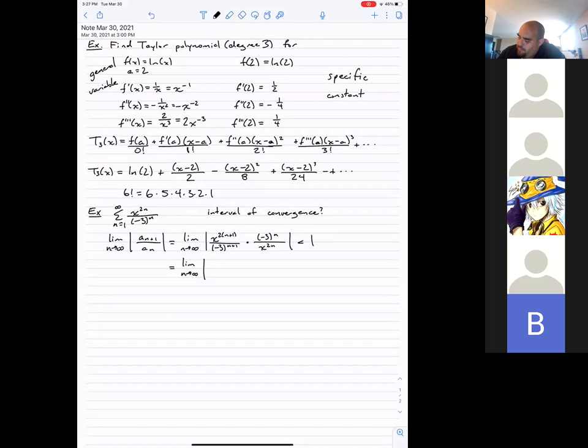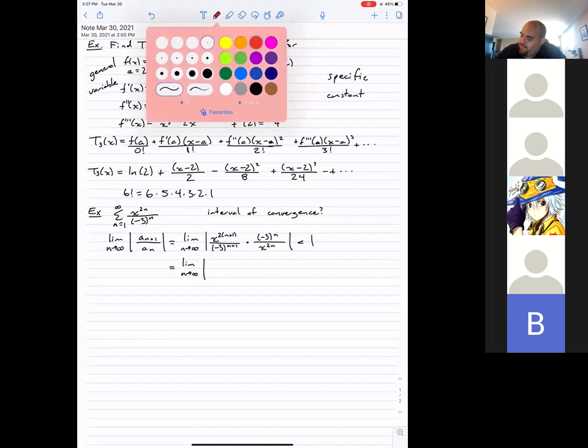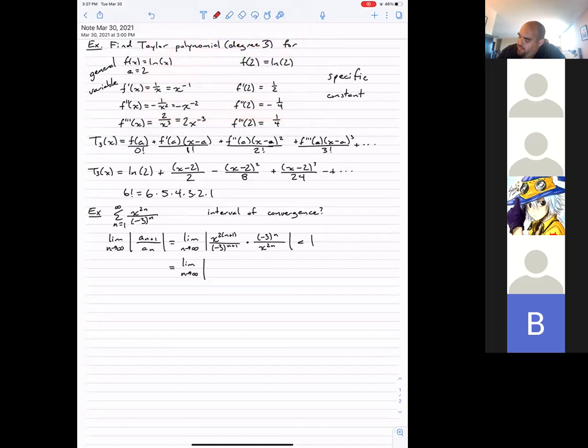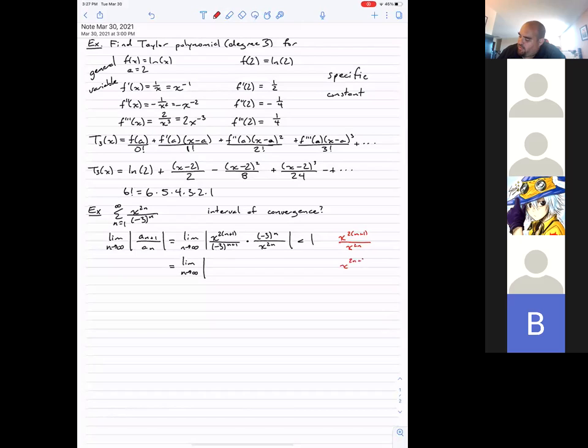On the left side, we'll have x to the power of 2, sorry. So let's break this out over here. x to the 2n plus 1 over x to the 2n. That's going to be x to the 2n plus 2 over x to the 2n. So eventually that'll become x squared.